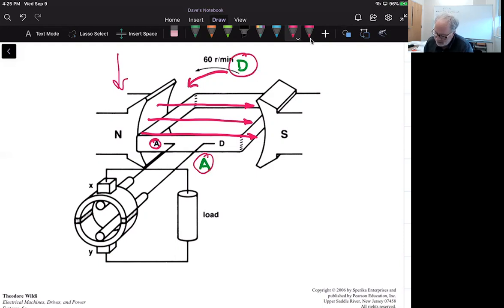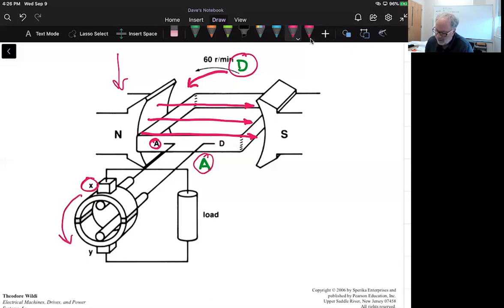So what happens is this brush is going to maintain the same voltage because the entire thing is turning now, right? This whole thing is rotating through. So what happens is that this brush X never goes negative. Unlike the AC voltage that was generated, it never goes negative because of the way that this thing functions.